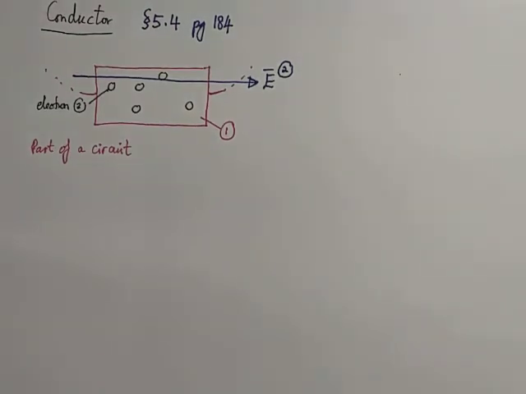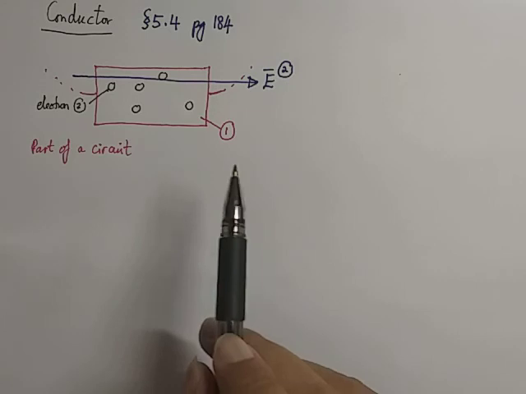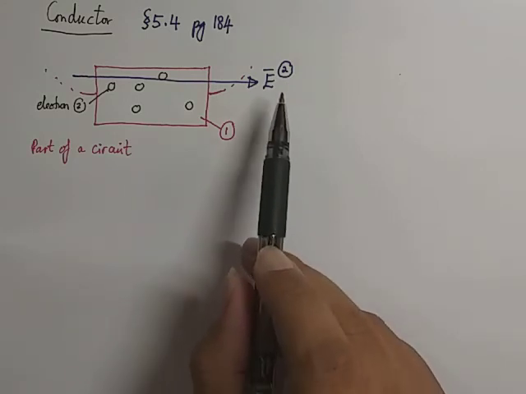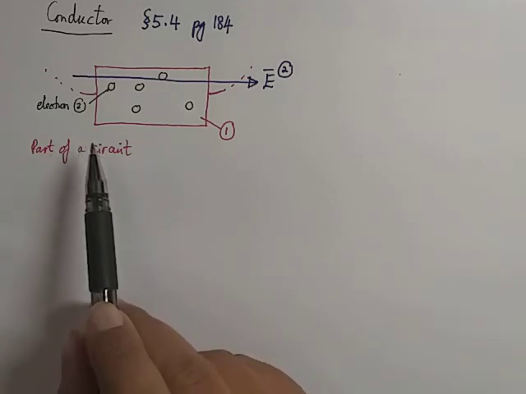Correct? Because electron is the majority carrier that exists in a conductor. So that should be number 3. Number 1 again, the actual material. Number 2, the applied field. Number 3, the charged particle that exists in that material.